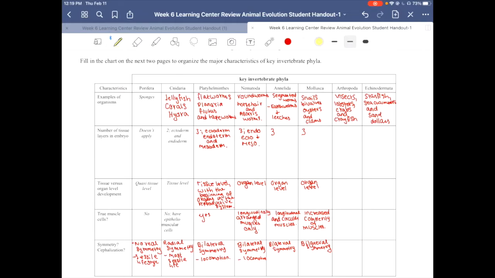Okay, so I'm going to highlight where they form first. So the three tissue layers in embryo develop here in the Platyhelminthes. And then after that, all the phyla that come after that are going to have that trait.